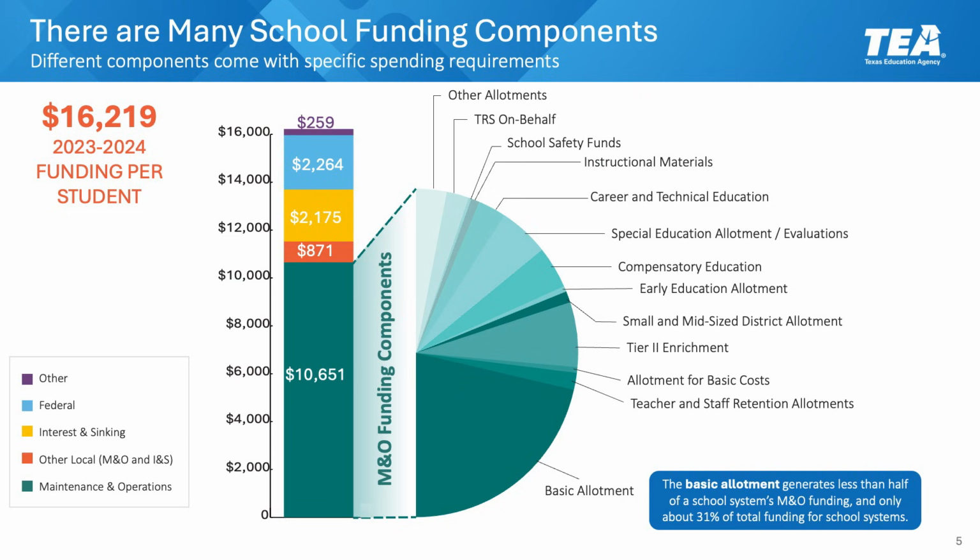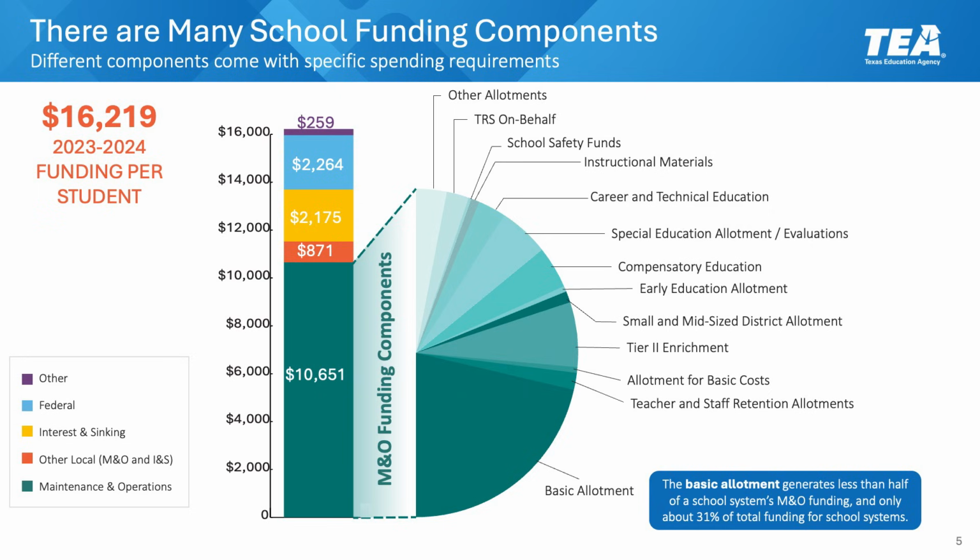You can see that of the $16,219 funding per student, approximately $10,651 is made up of M&O funding. Of that, it includes the basic allotment, the new teacher and staff retention allotments, the allotment for basic cost, Tier 2 enrichments, and then some of the traditional allotments that you're more used to: career and tech, SPED, compensatory, early education, and the small and mid-sized district allotment.